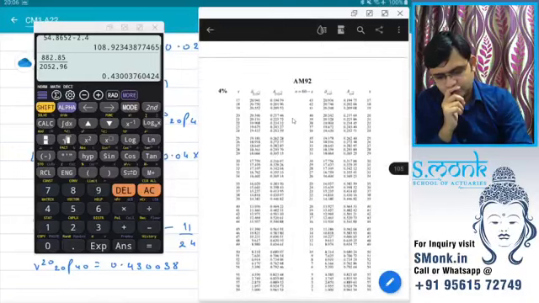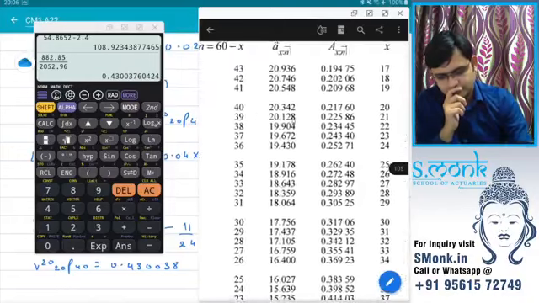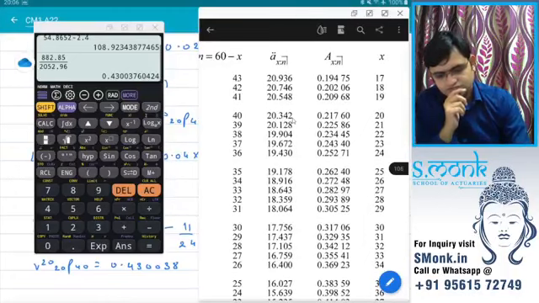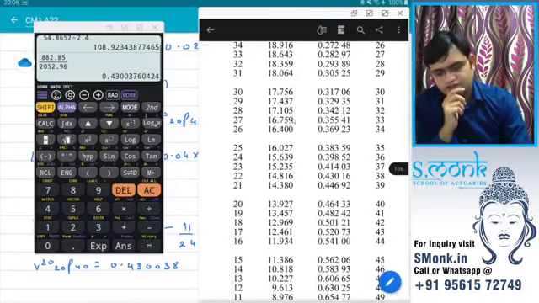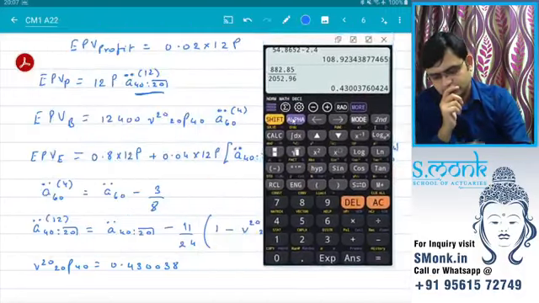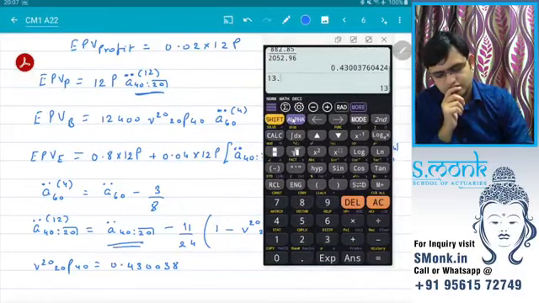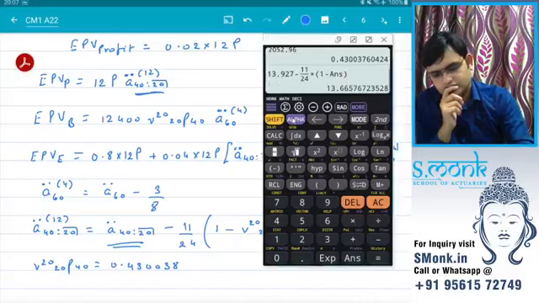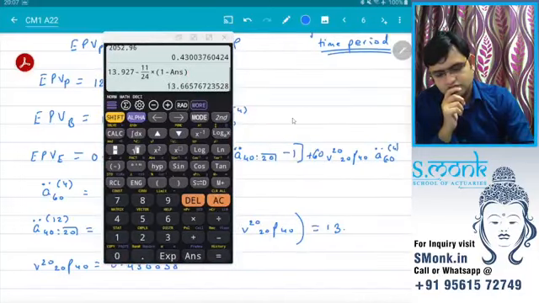Then we want this a due 40:20 at 4% for ultimate mortality, which is 13.927. So 13.927 minus 11 by 24 into (1 minus the answer), bracket close, gives 13.66577.